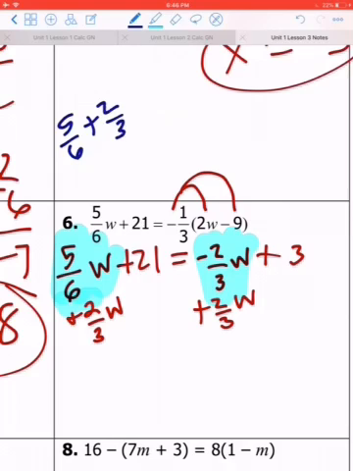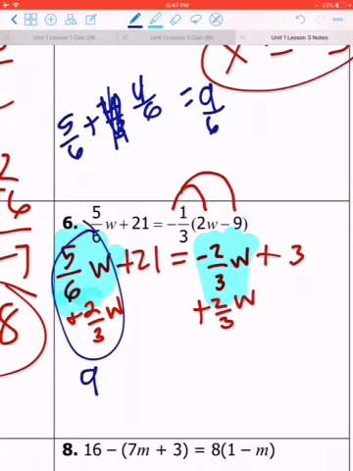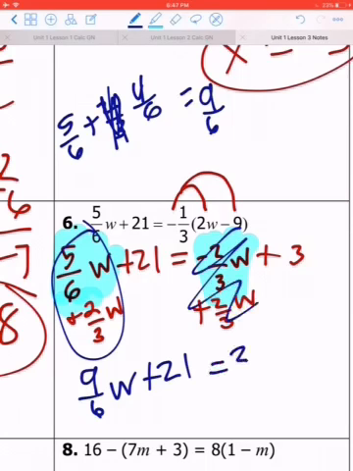You don't want a decimal here. But 2/3 is really 4/6. If we add those together, that will give me 9/6. So here we now have 9/6 w. 5 plus 4, yeah, 9/6 w, plus 21, these cancel, equals 3.